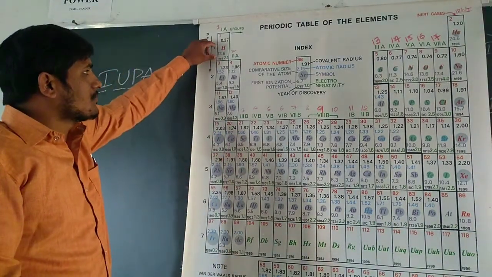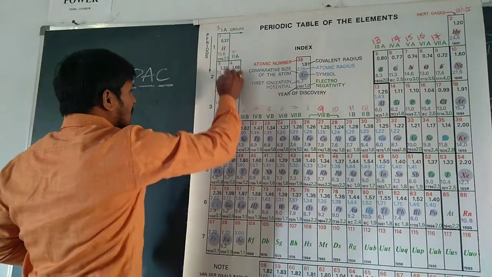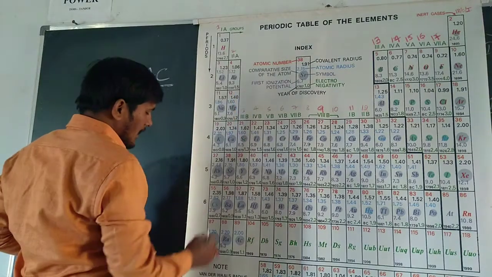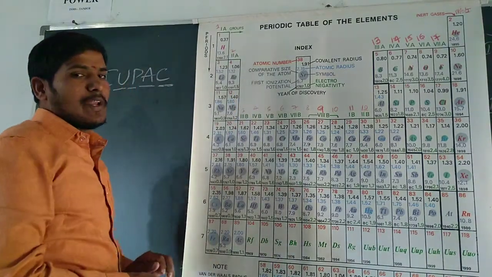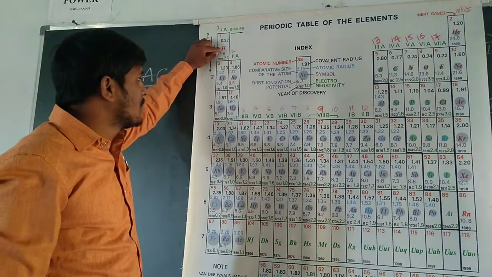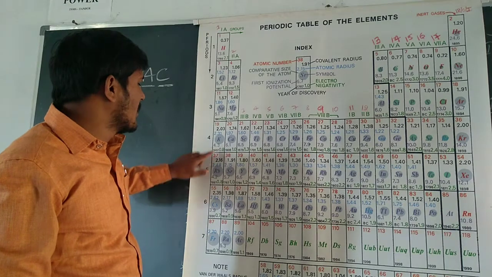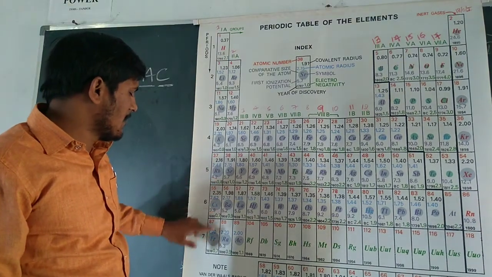First A group elements. What are the first A group elements? This vertical column is said to be the first A group. In it are hydrogen, lithium, sodium, potassium, rubidium, cesium, francium.